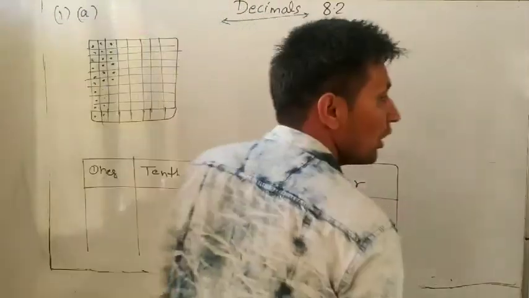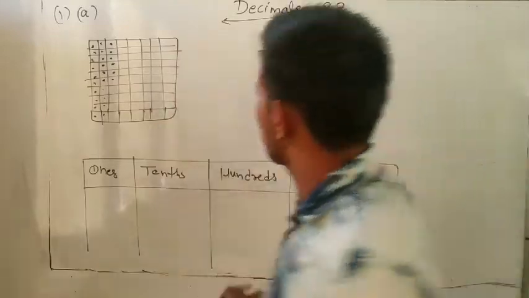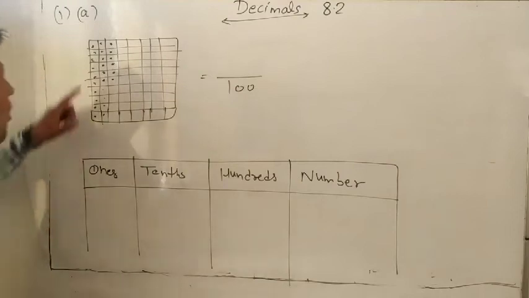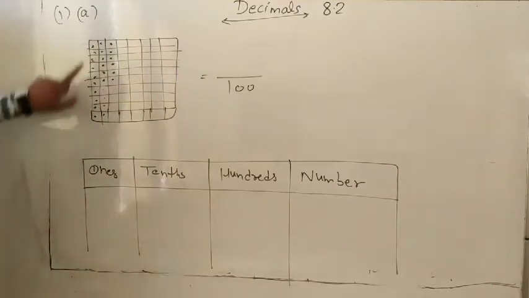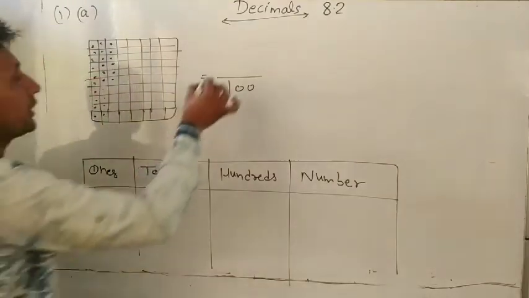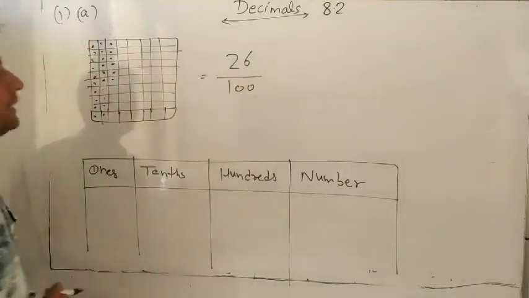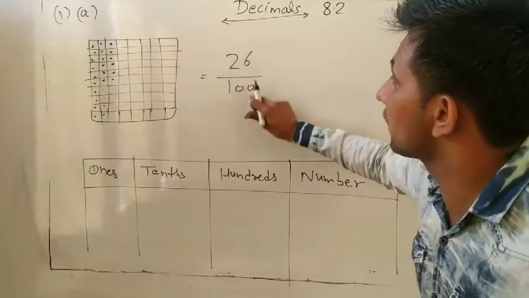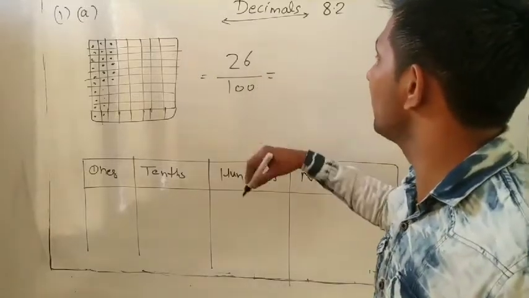So how will you fill it? Look at how many total boxes. Total boxes is 100. And how many boxes are filled? 10 plus 10, 20, plus 6. So 26 out of 100. So what can you write?